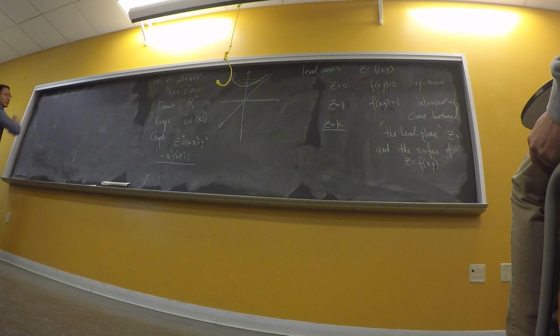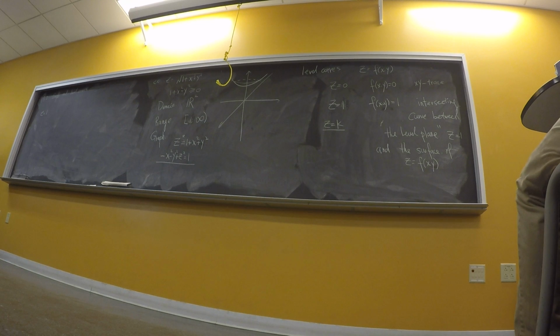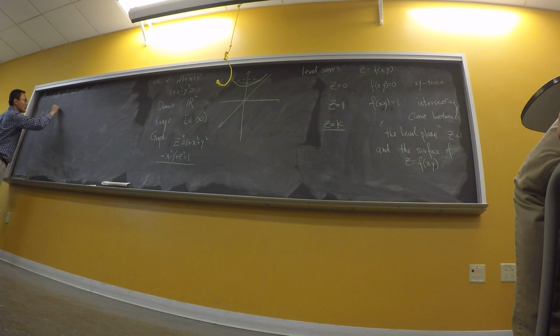I want to first compute the level curve when z is equal to 1. What is it? So it's nothing but the square root of 1 plus x squared plus y squared is equal to 1.